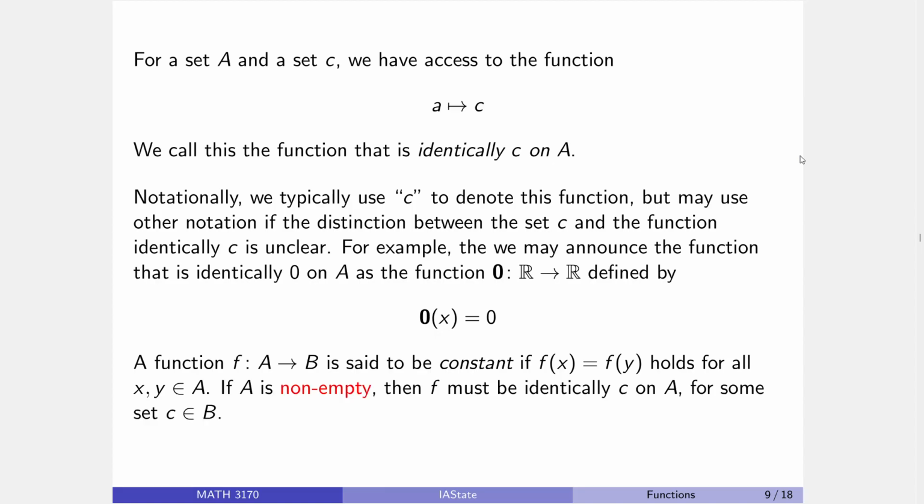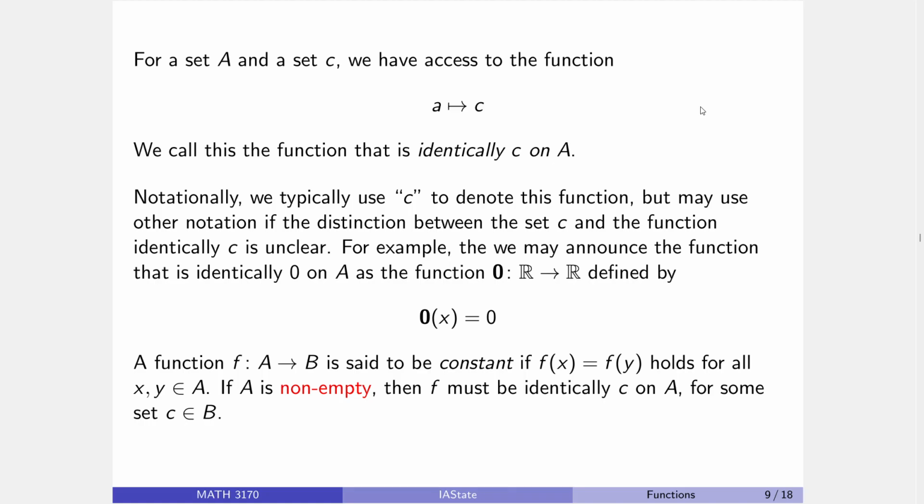And note that if the domain is non-empty, that means you have to be identically equal to some element on that domain. And note, this is kind of implying that I can have a function whose domain is empty. Because I can. Because the empty set will vacuously satisfy the definition of a function there, because all inputs have an output associated with them, because there are no inputs. Good stuff.